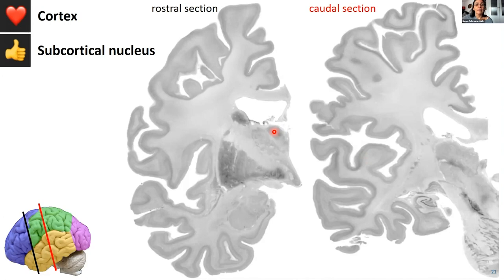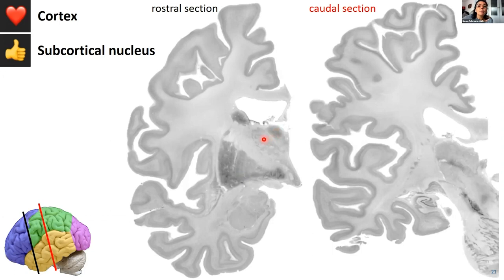Good. A hand. I'm going to take that as a hand. Okay, well, this structure is a subcortical structure, and it's a nucleus within the thalamus.